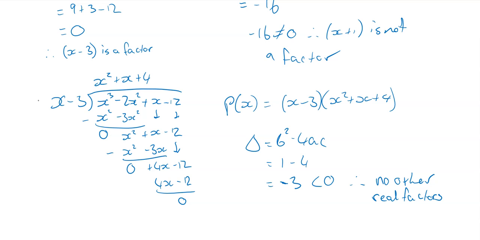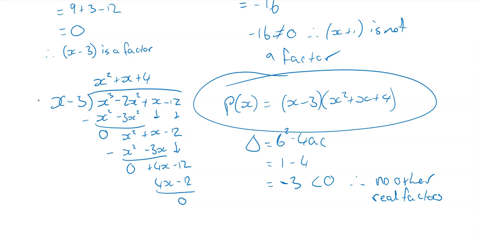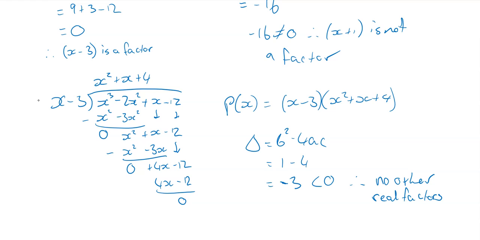Bear in mind that you're either factorizing or you're actually doing a division. In this case, we've used long division to factorize, and that's showing it in factored form, as opposed to expanded form, which is what it was in. And that's it.